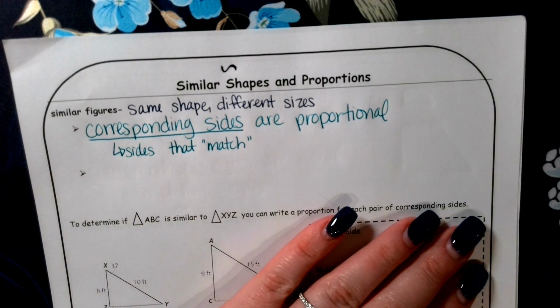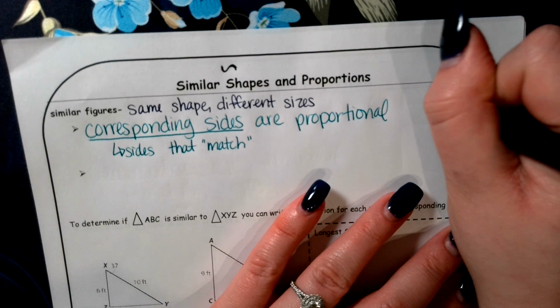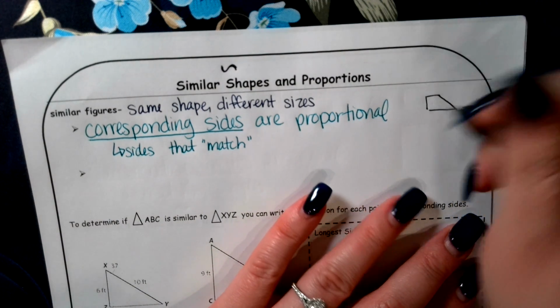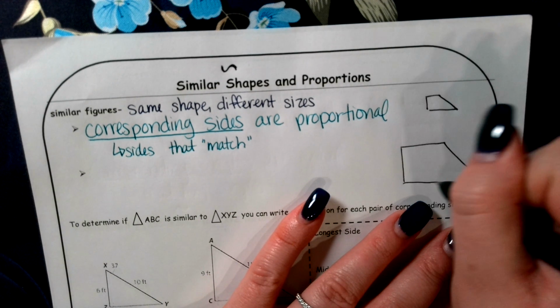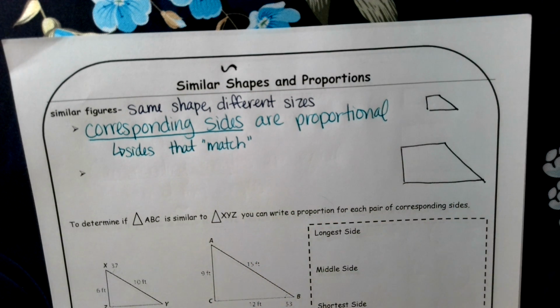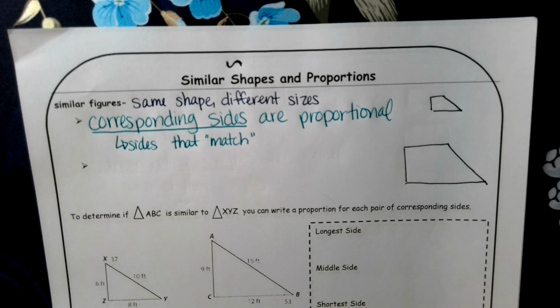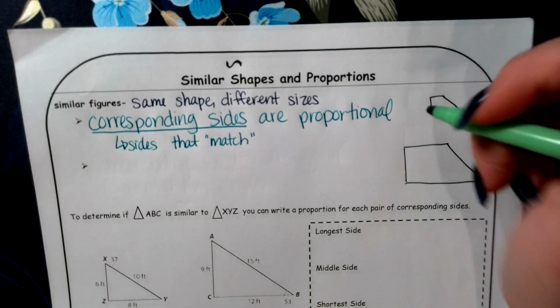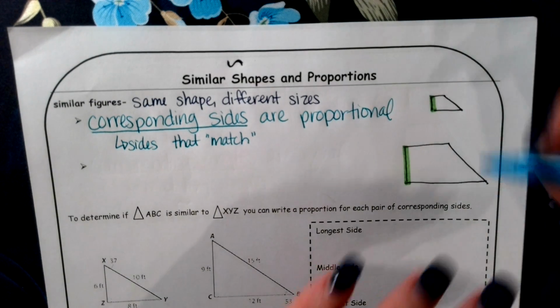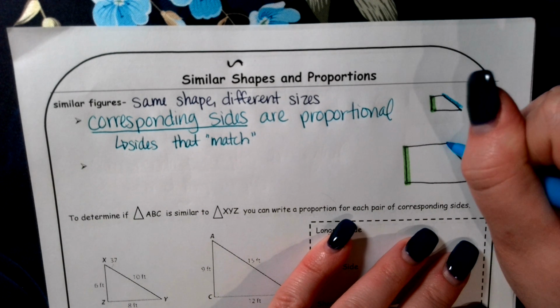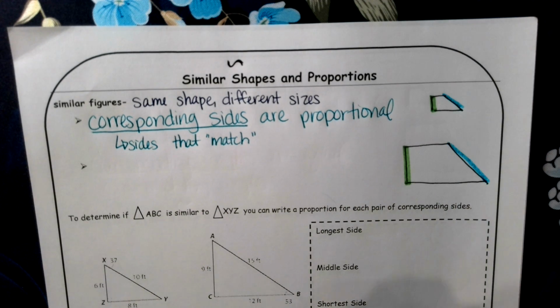So for example, if I have these two shapes, this side here is going to correspond with that side there. This side here is going to correspond with that side there.